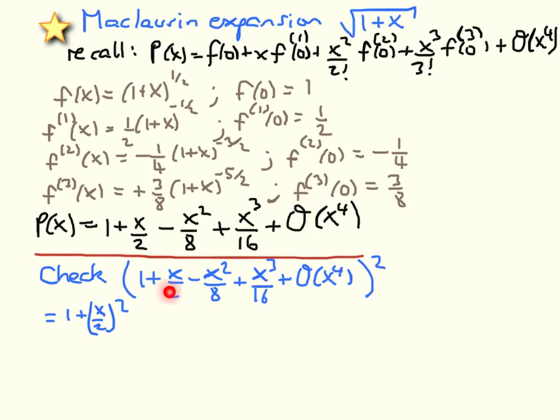Well, we can have 1 times x over 2, and there will be 2 ways of getting that when we expand this. So we're going to get plus 2 times 1 times x over 2.